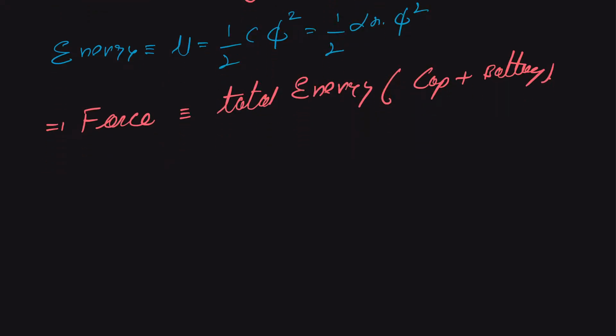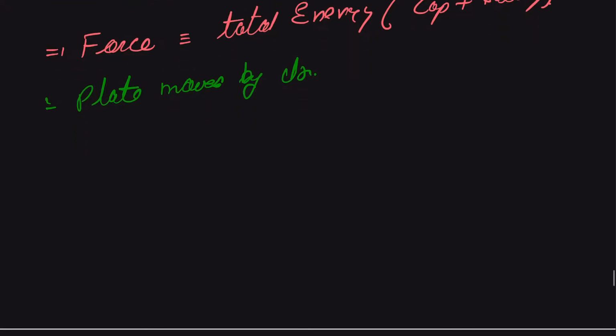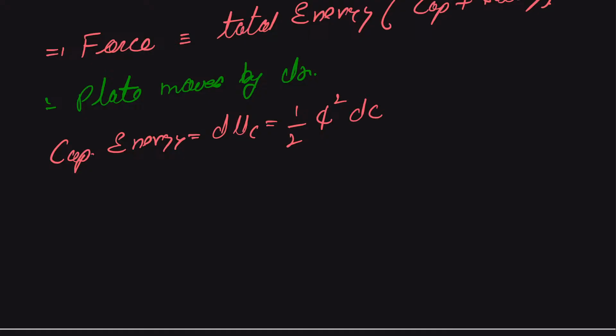And if we assume that the plate moves by a distance of dx, therefore the energy of the capacitor, that is dU_C, will be equal to half potential squared times the change in the capacitance.